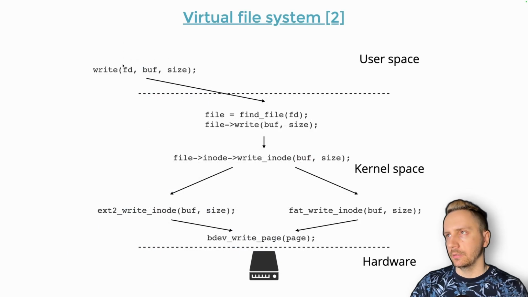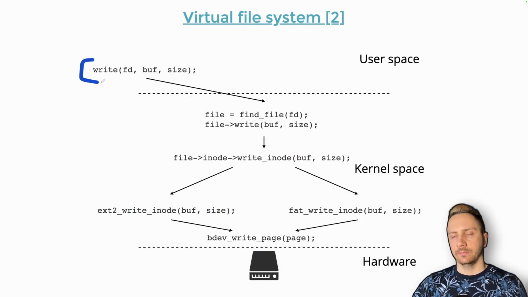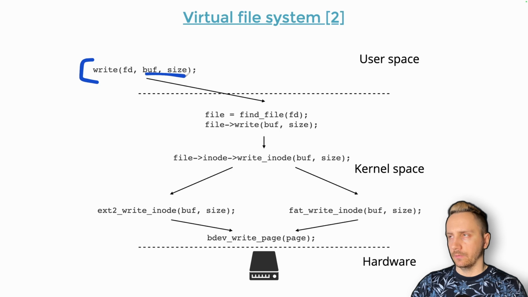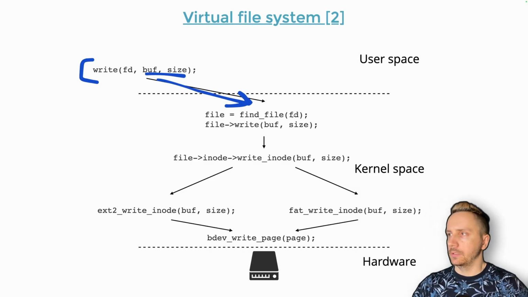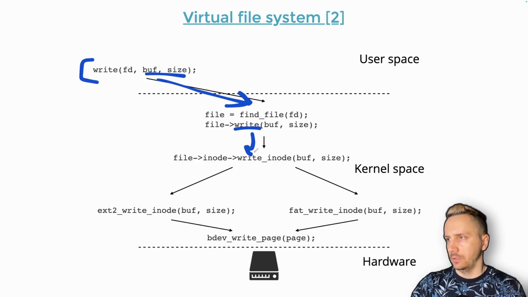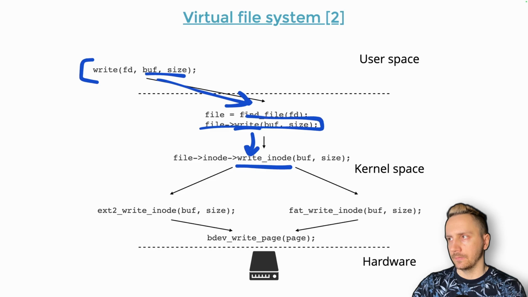Imagine that we write something into a file by a given file descriptor. We want to write this buffer of this size, and we make a system call write. It enters the kernel, where it will find the file, struct file, by the given descriptor, where it will invoke the method write of that file, which will invoke inode write inode of that file, because this is not necessarily a file, right?